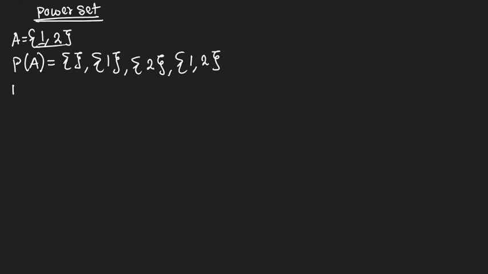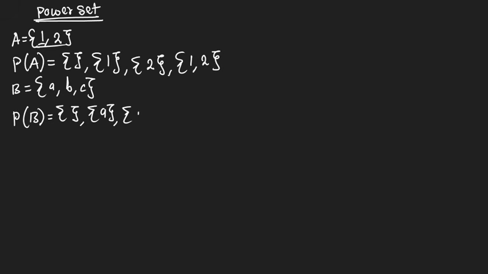How about if set B was this particular set, let's say A, B, C? How do you find the power set of B? The power set of B is given as this particular set: the empty set, and then A as a single letter, B as a single letter, C as a single letter.